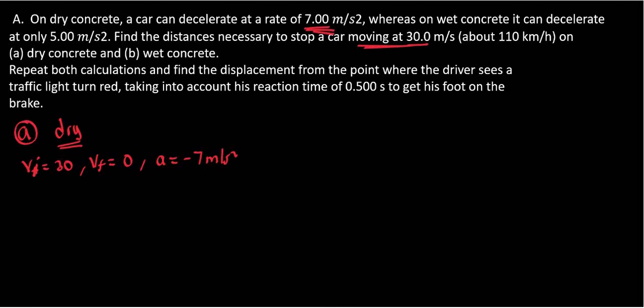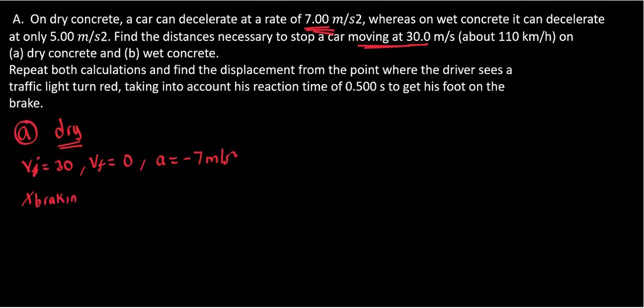Now, after you have done that, we have the initial velocity, the final velocity and the acceleration. And what are we looking for exactly? We're looking for the distance necessary to stop a car, that is what we call the distance of the braking.